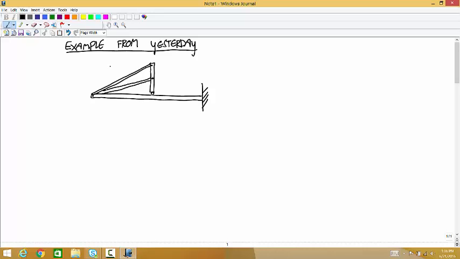Zero. Yeah, very good. So you need to have some kind of external load, and that's the 5,000. This angle is 30 degrees. The length is 2 meters. This height is 1 meter.